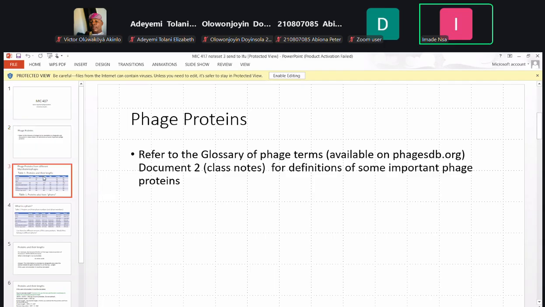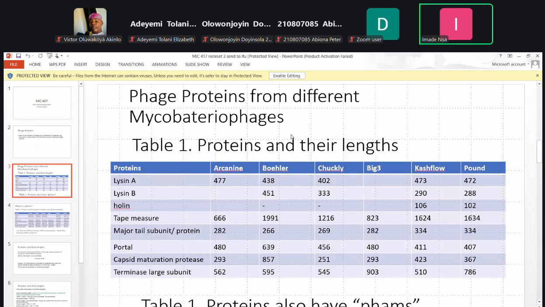All right, so let's come to this diagram. These are phage proteins from different mycobacteriophages. Lysin A is a phage protein, lysin B, holin, tape measure, major tail subunit, there's a portal protein, there's a capsid maturation protease, and a terminase large subunit.